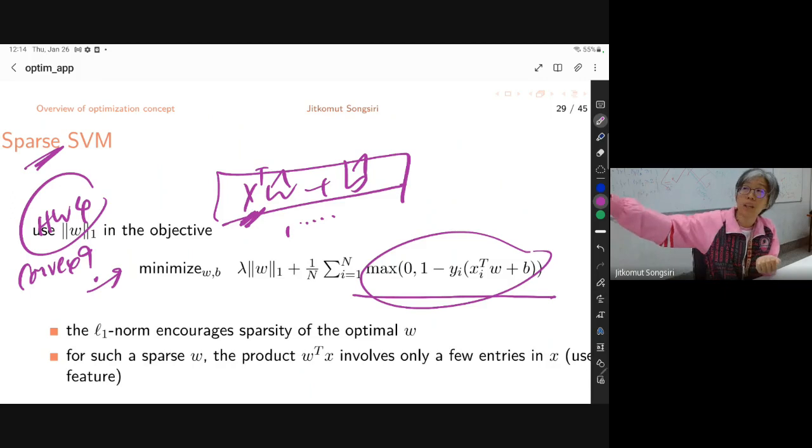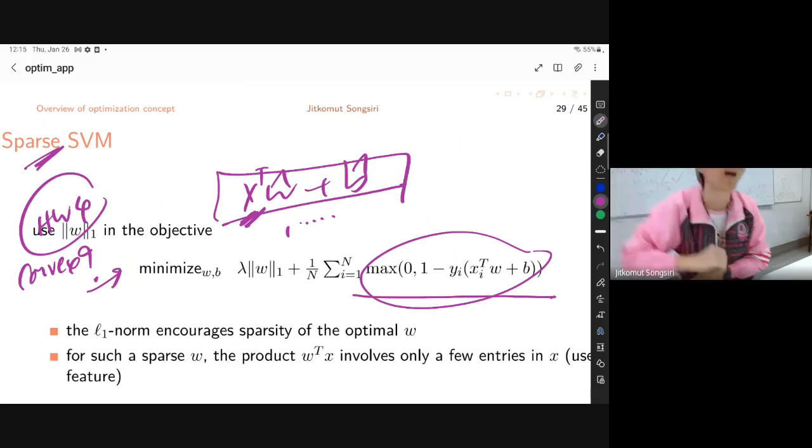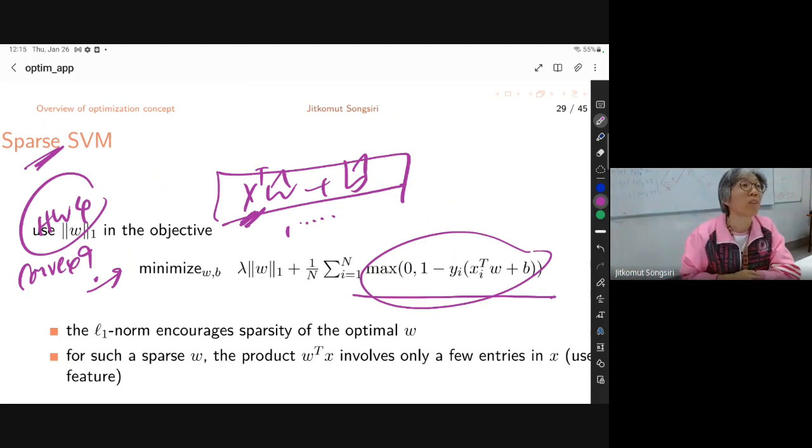You don't have to look at the original problem. You can transform it using the epigraph form, and you see that when you use the epigraph form, this part will be linear, and then you will have linear inequalities. And the 1 norm function is always convex, right? Any norm is always convex.